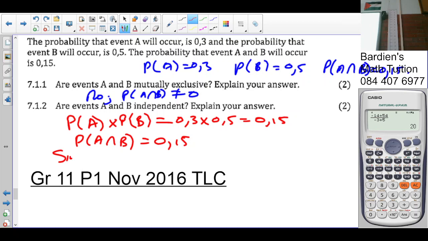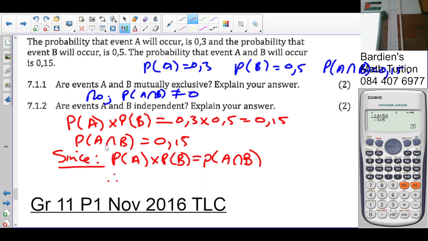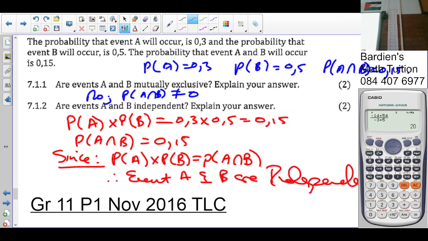So we say since the probability of A times the probability of B is equal to the probability of A intersection B, therefore events A and B are independent events. Okay? So one event is not dependent on the other to occur.